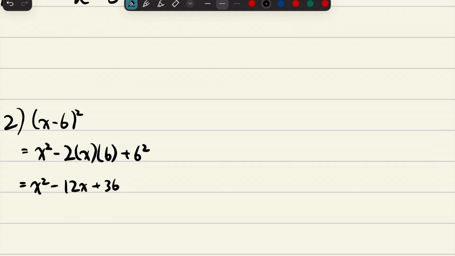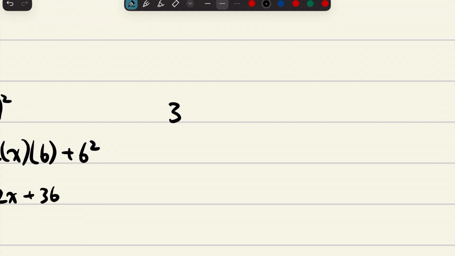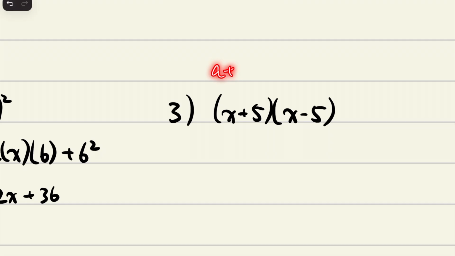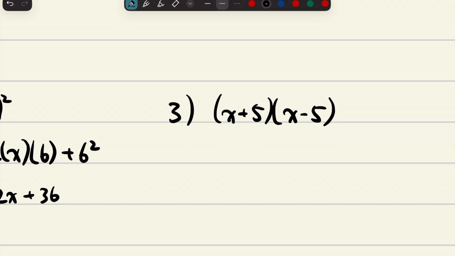And for the third question, we'll have x plus 5 multiplied by x minus 5. And when you see the pattern, a plus b multiplied by a minus b, then you'll know it's difference of squares.